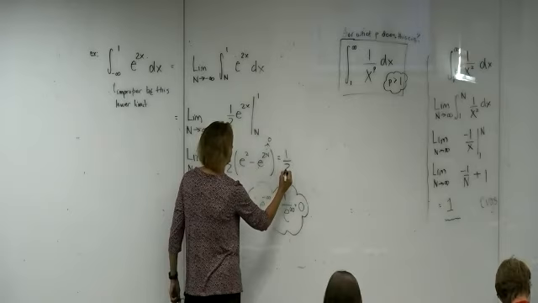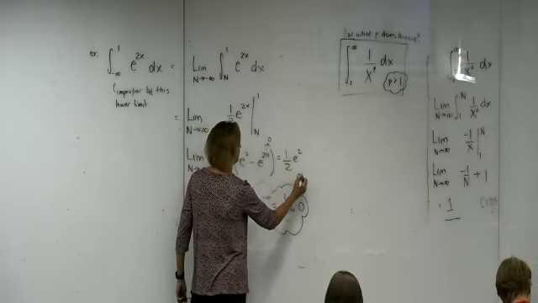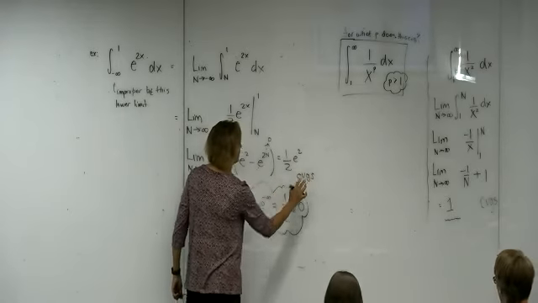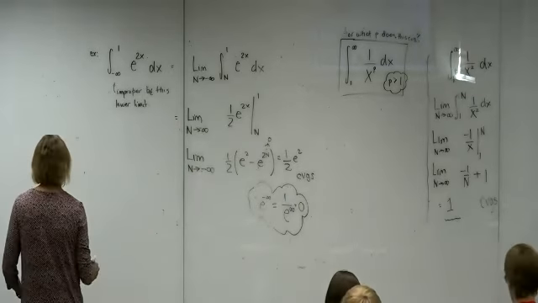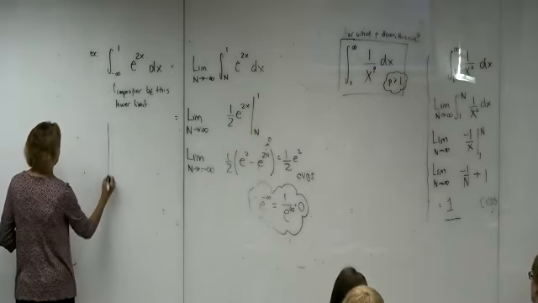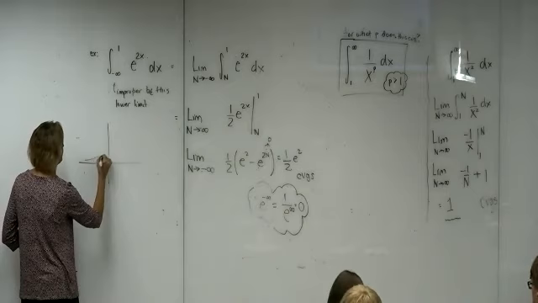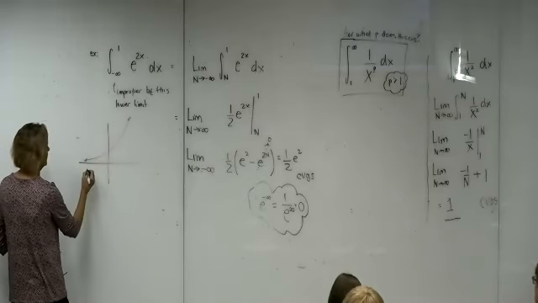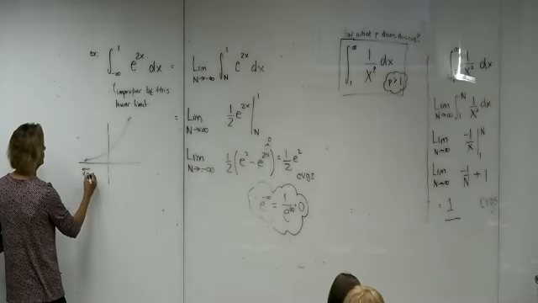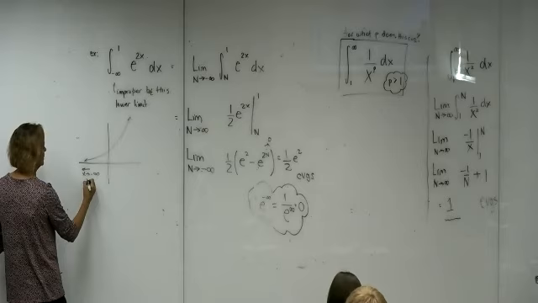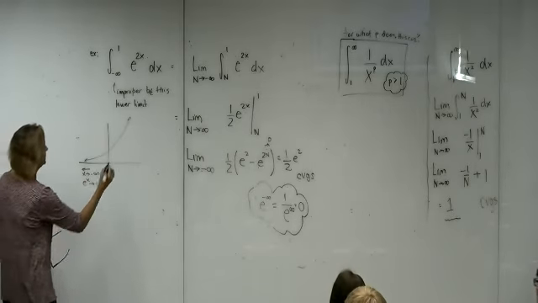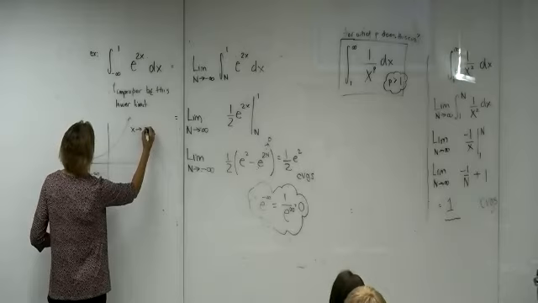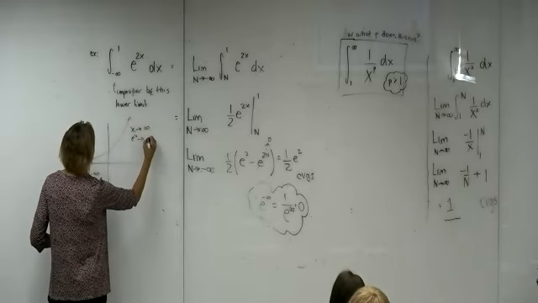So this converges to 1/2 e squared. Or you can think that if this is the graph of e to the x, as x goes to minus infinity, e to the x goes to 0. But as x goes to plus infinity, e to the x itself goes to infinity.